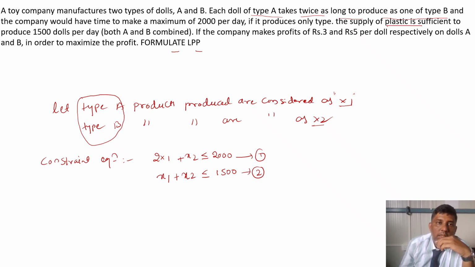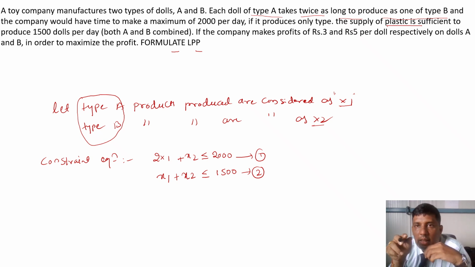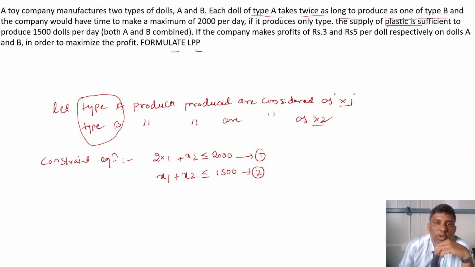So we have done the decision variables and the constraint equations. Next we have to read the third statement: if the company makes a profit of rupees 3 and rupees 5 per doll respectively on doll A and doll B, in order to maximize the profit. The problem is concerned with profit, and the statement says maximize, so that is going to become our objective function: maximize the profit.